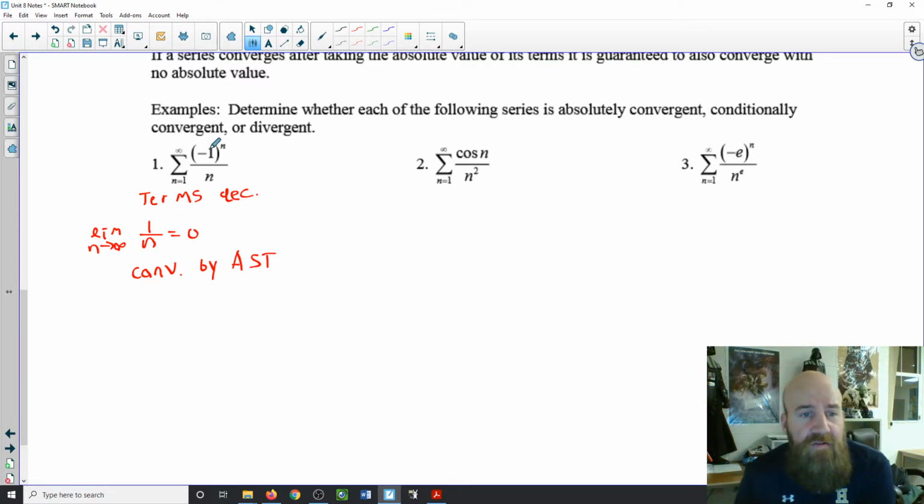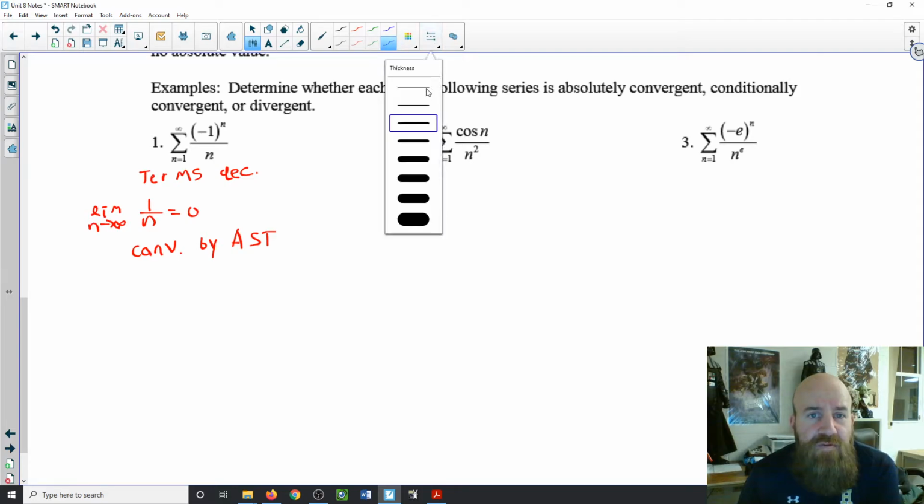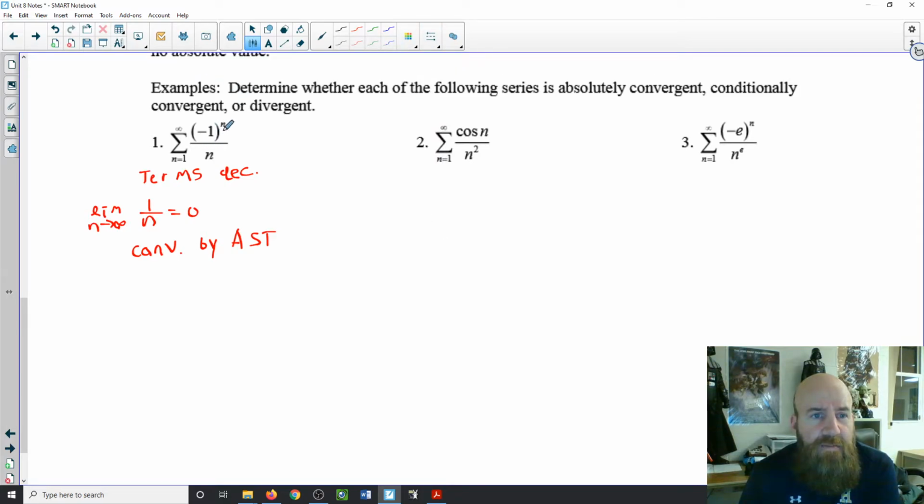And now we have to do the absolute value of this. So if we think about absolute value, we have 1 over n. So we're looking at the series of 1 over n. So we know this is going to diverge because of the p-series test, p being 1.